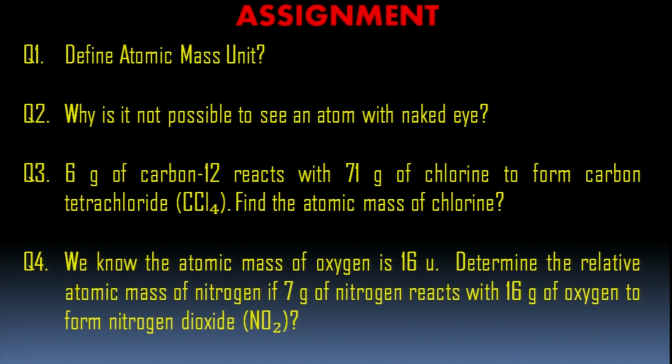Find the atomic mass of chlorine. The one we had done in the example. Question number 4. We know the atomic mass of oxygen is 16 U. Determine the relative atomic mass of nitrogen, if 7 grams of nitrogen reacts with 16 grams of oxygen to form nitrogen dioxide, NO2. Please note down these questions, children.